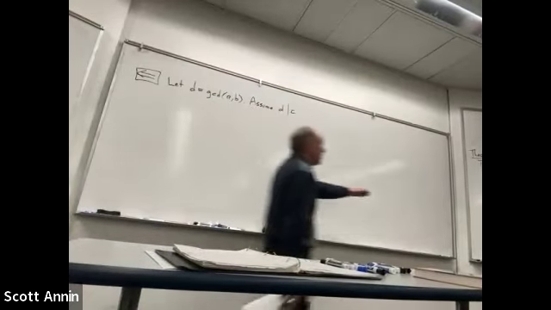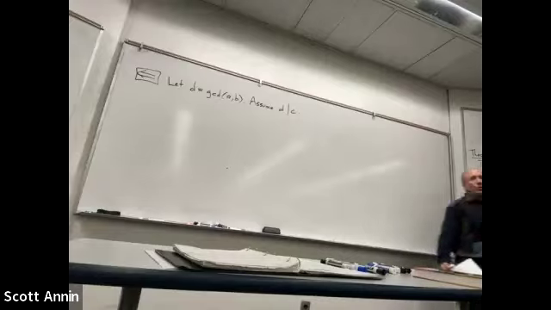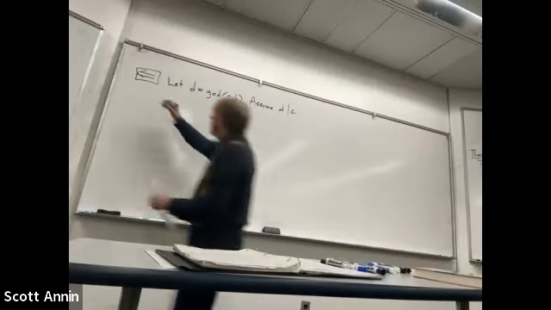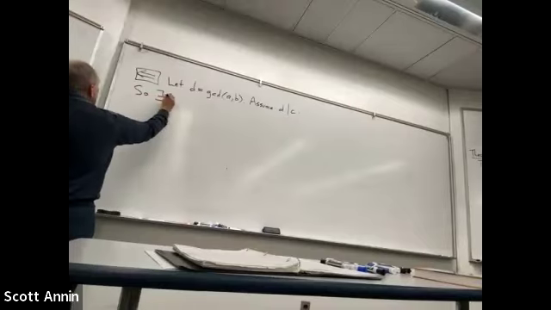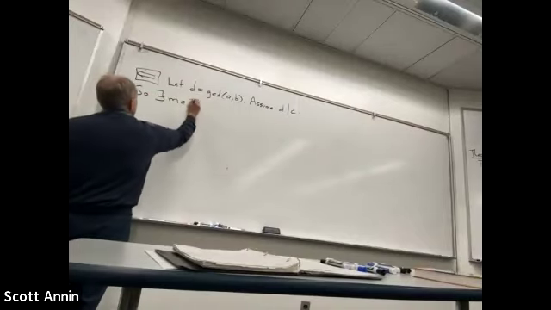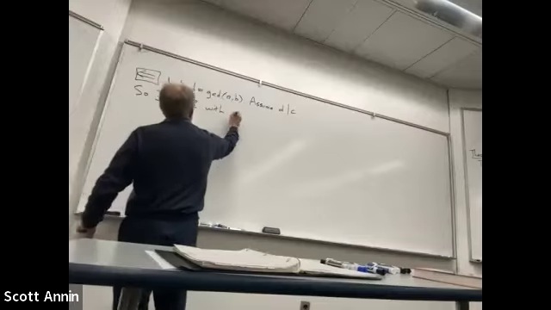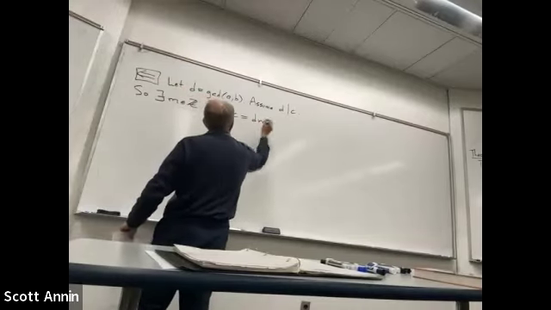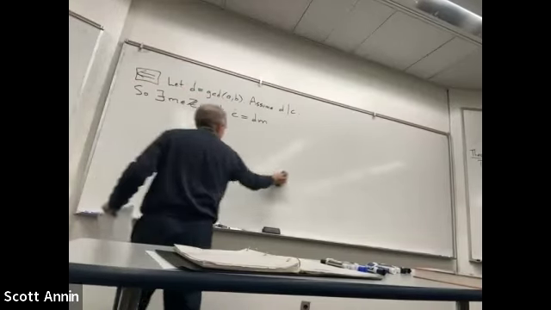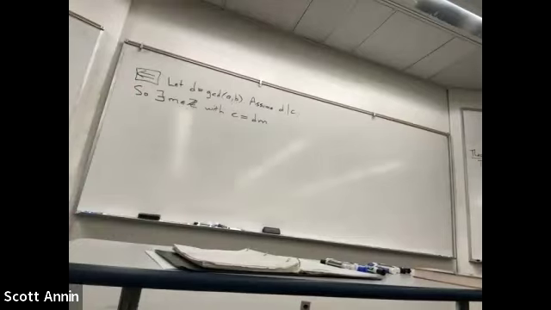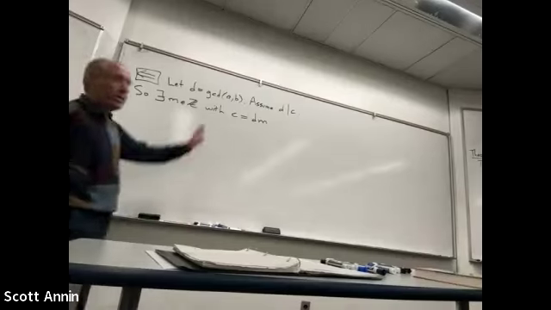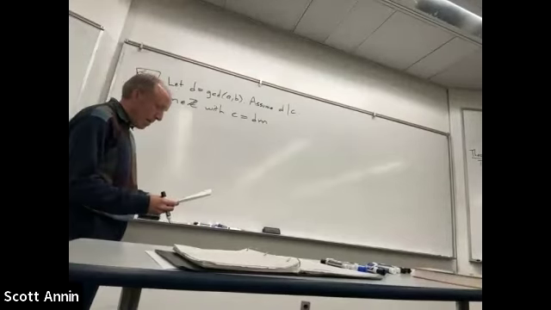Let's write down what that means. That means that there exists an integer, call it M, in the integers with C equal to DM. That's more or less just the definition. We, of course, had that in the notes last week as well. So C is just going to be D times M.